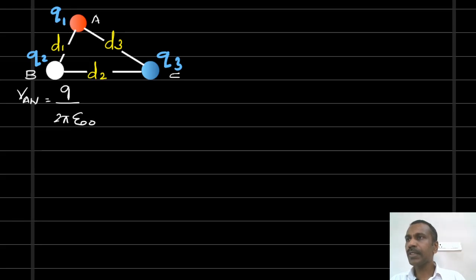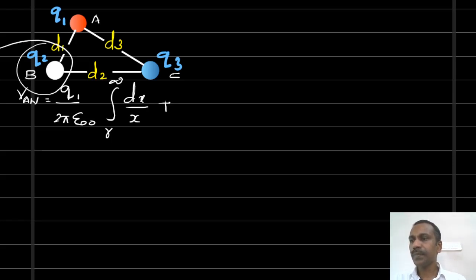Here the charge is Q1, it is r to infinity dx by x, plus what is the potential due to the second charge carrying conductor.